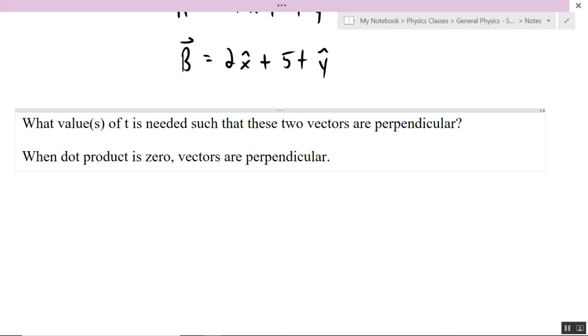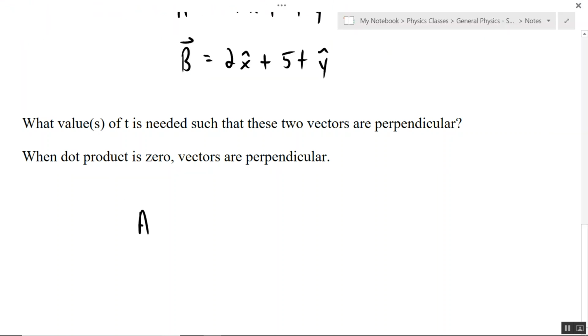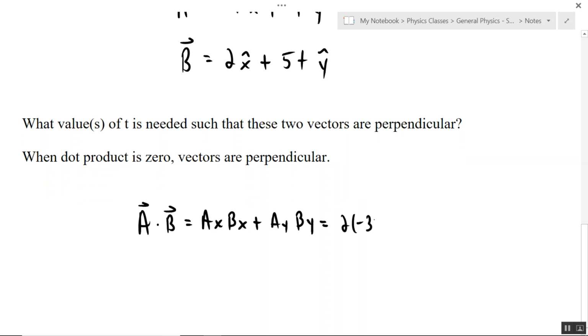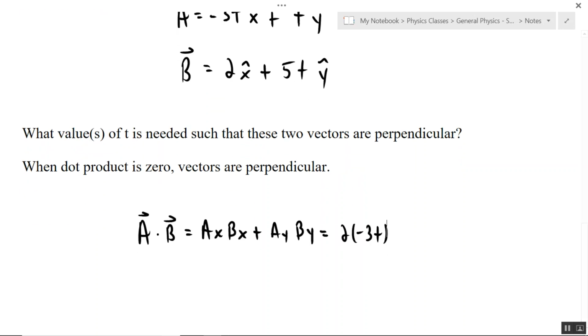So we're going to use this form of the dot product, because we know the components, right? So this is what we're going to do. So it's 2 times minus 3t plus 5t times t, and we want this to be equal to 0, right?